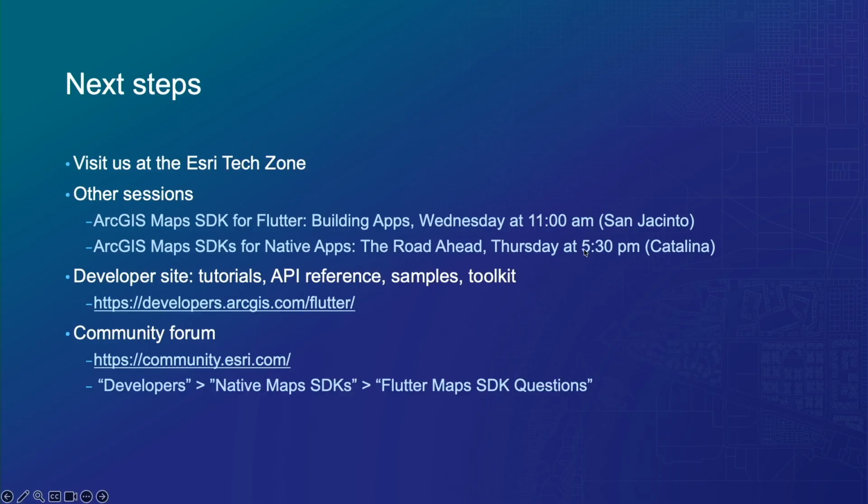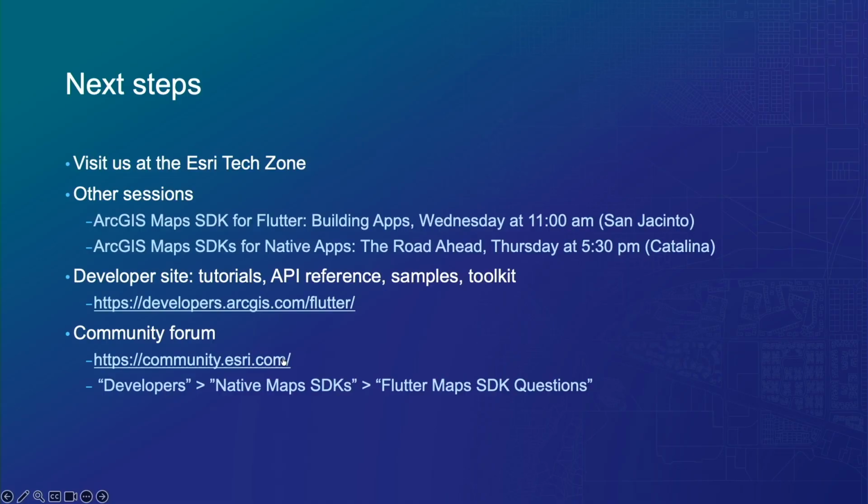You can learn about the new functionality coming to all native SDKs in the 300 series. And then here's our main URL to access our tutorials and reference and samples and toolkit. It's developers.arcgis.com/Flutter. And if you want to send us a message, talk to us, or talk to other developers who are using the Flutter Maps SDK, go to community.esri.com.